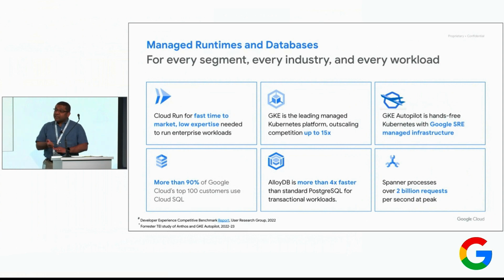The runtimes that we provide are Cloud Run, a serverless container runtime, or GKE, Google's distribution of Kubernetes engine. And there are multiple versions of that. There is one where you keep your hands completely off the platform, and Google takes care of operating it for you. That's GKE Autopilot. And there is a GKE Standard version where you have to be a little more hands-on.